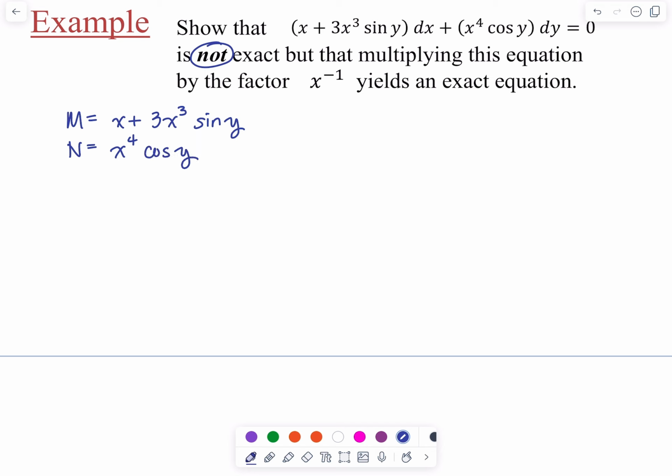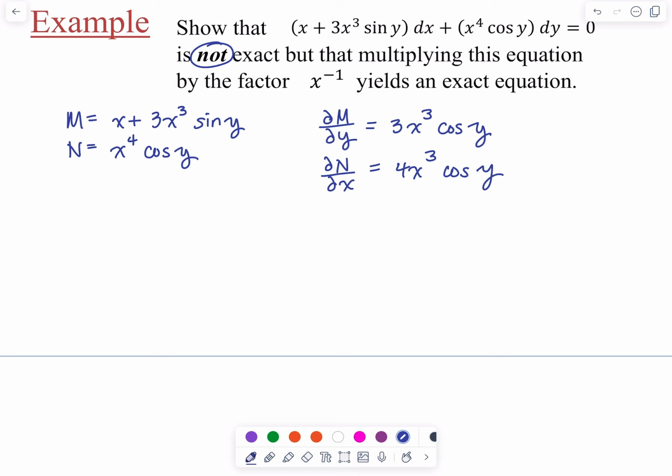And so if we have the partial derivative of m with respect to y, we would come up with 3x cubed cosine of y. But the partial derivative of n with respect to x is equal to 4x cubed cosine of y.